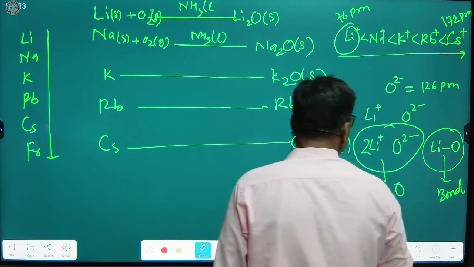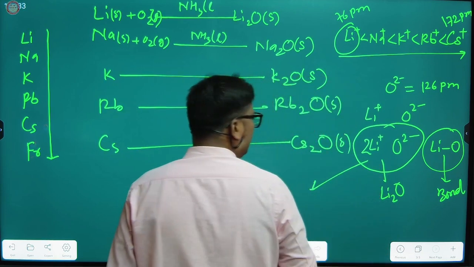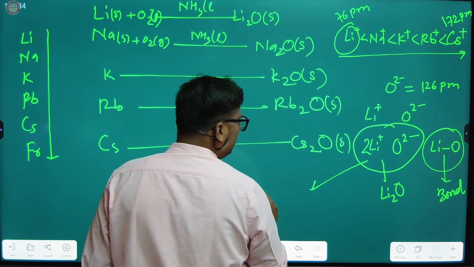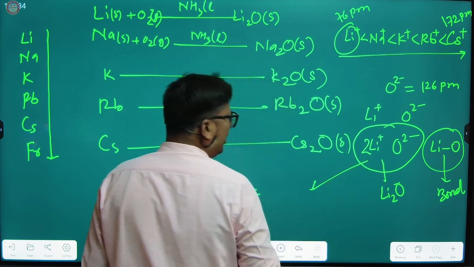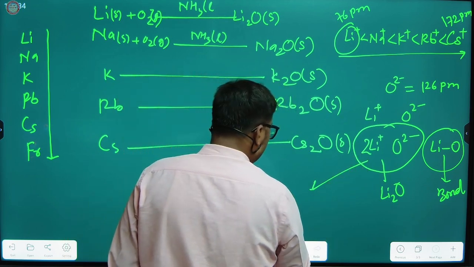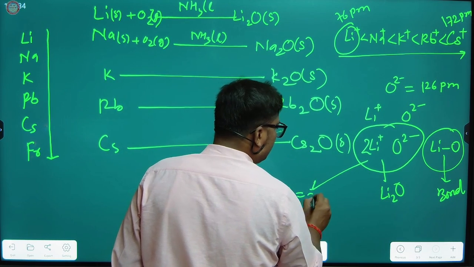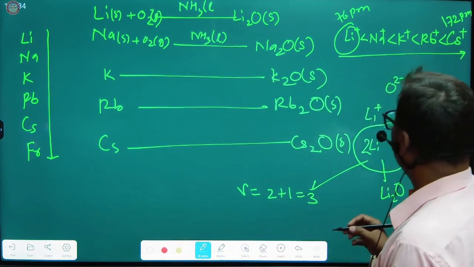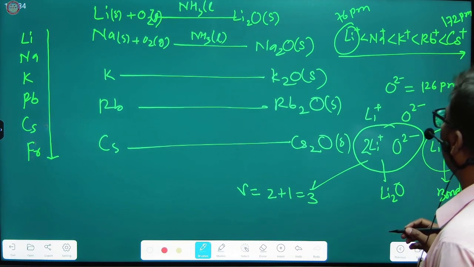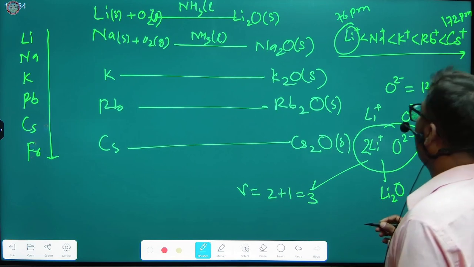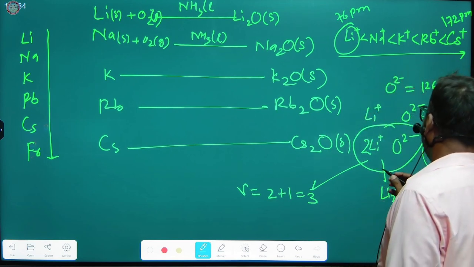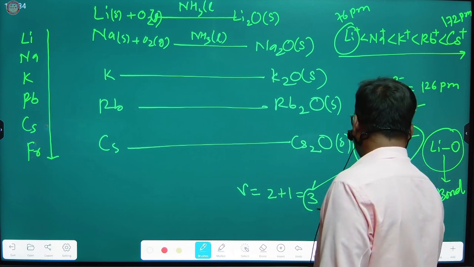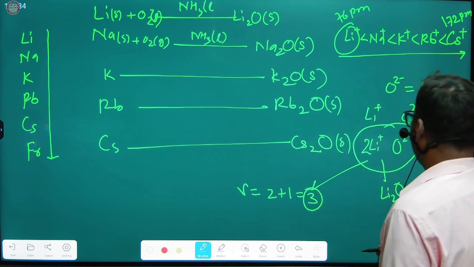It means in this ionic structure, the total number of ions, that is nu, is equal to 2 moles lithium plus 1 mole oxygen, that is 3 ions in a unit formula, right? So once you decide the formation of monoxide of alkali metals, then the number of ions in a unit formula is 3, right? Total number of ions present in the monoxide is 3.